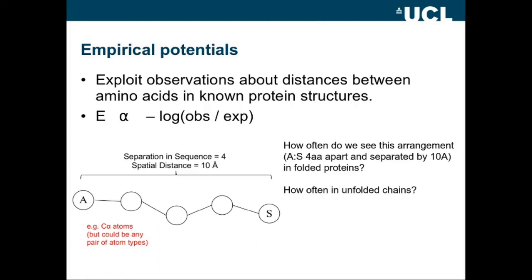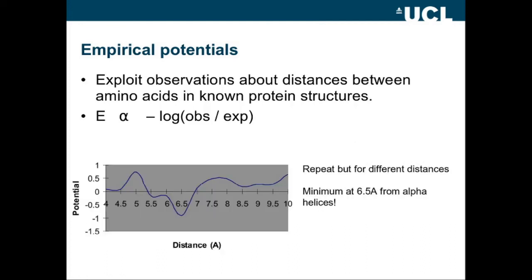If we do this for a number of different distances, we will see a curve of this sort. We'll see certain distances are particularly unfavoured, others are what you'd expect by random chance, and in some cases you get energy minima. And of course in this case, this observation of seeing an energy minimum at 6.5 angstroms is the result of alpha helices.